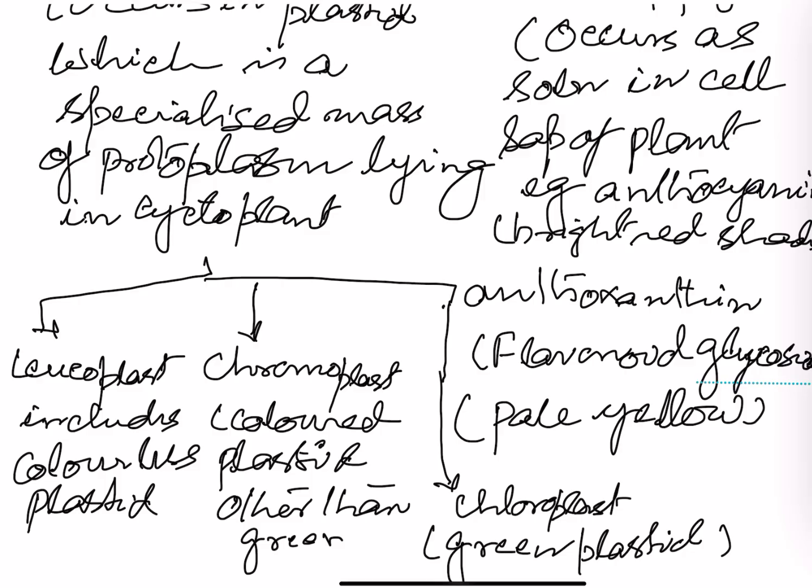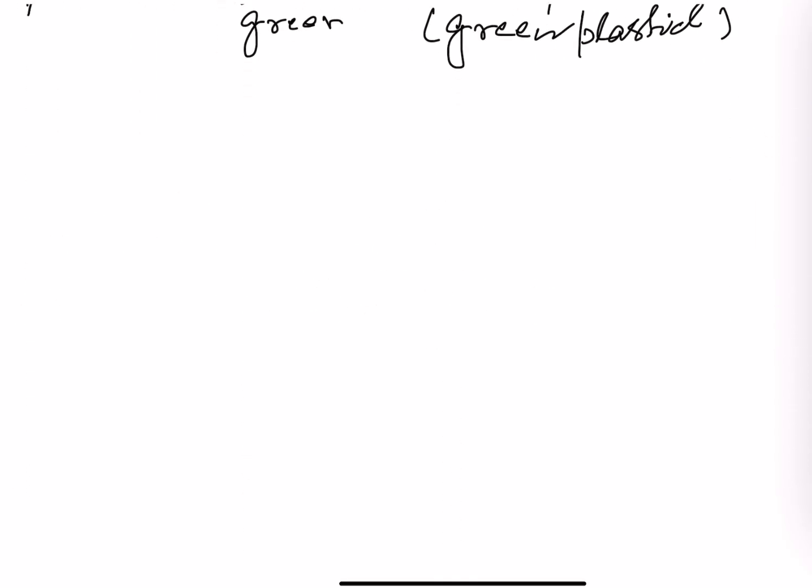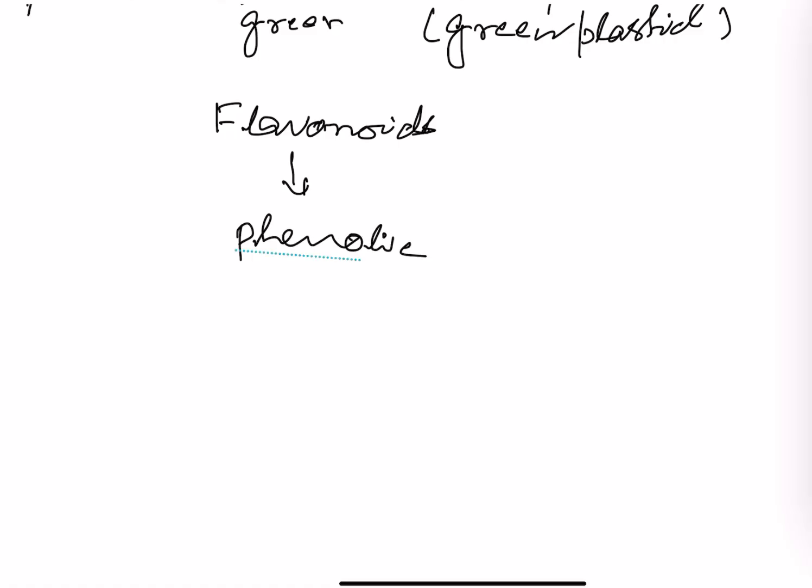And let's come to the next part, that is how to define the flavonoids. This is the phenolic compounds distributed widely in nature.